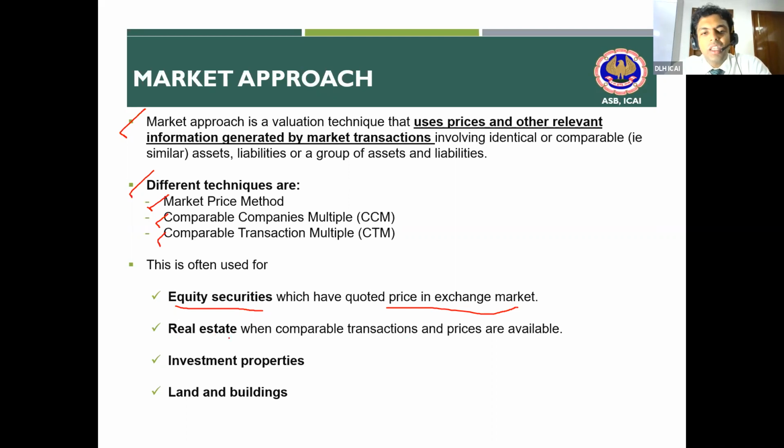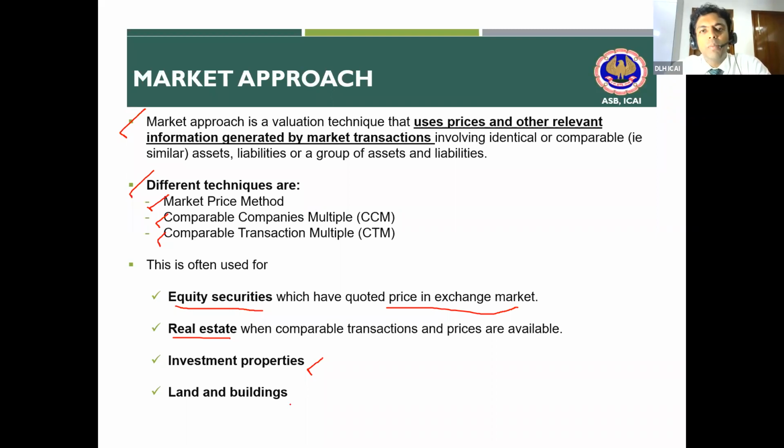In case of the real estate, that means land, building, right? In respect of the real estate, market approach is to be generally used. Investment property. What is investment property? Where the property has been held for the purpose of capital appreciation or rental purpose. That is what the investment property is. And if the valuer has to do the fair valuation of investment property, market approach is more suitable.